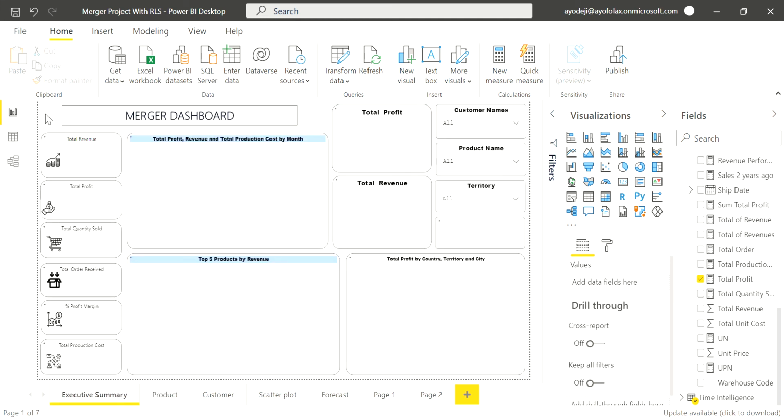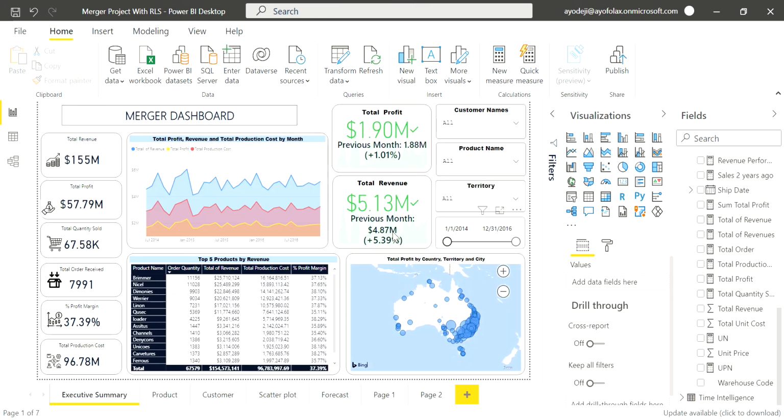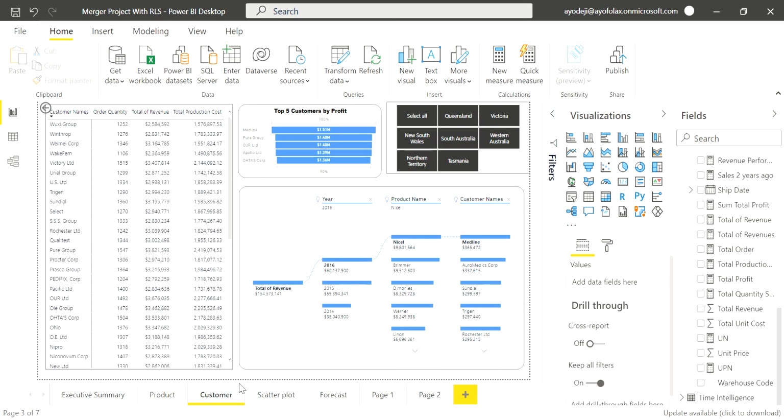We go back to the main report, and then we could also look at a report showing the customers. These are the top 5 customers by profit. Medline brought the highest profit to the company, and this chart here gives an indication. This decomposition tree gives an indication of the total revenue across each year by each product and by each customer.